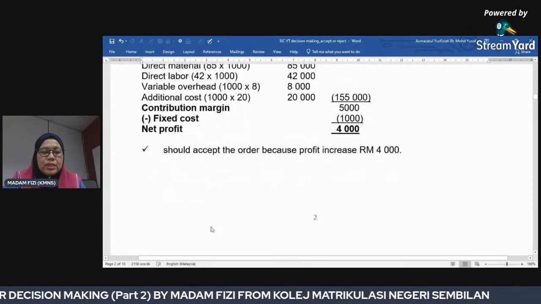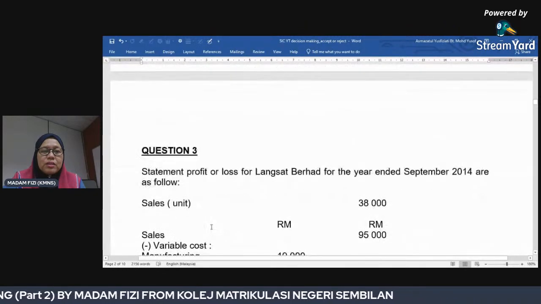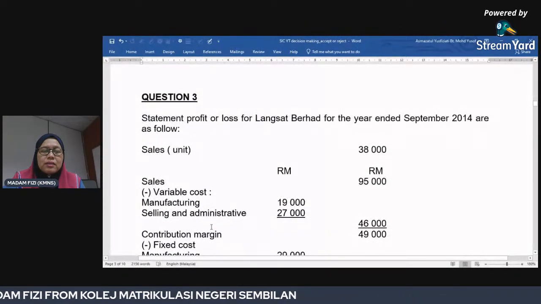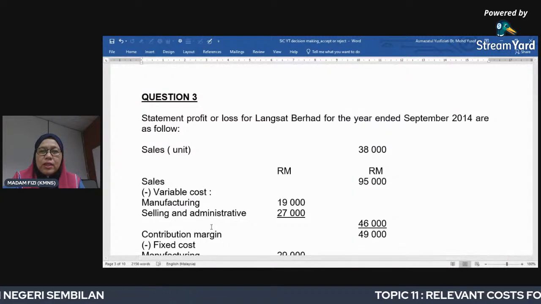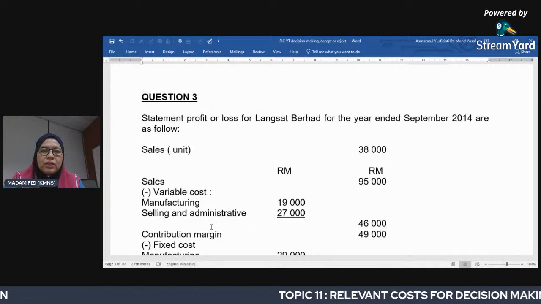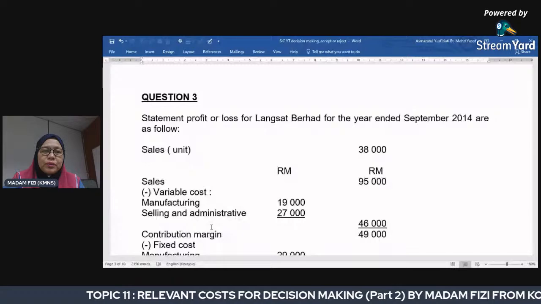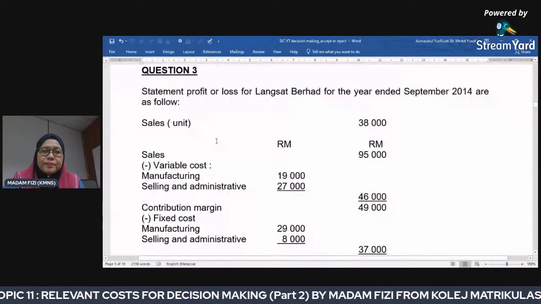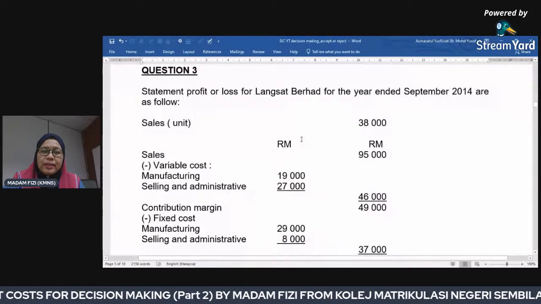Okay, now we move to question number 3. Statement profit or loss for Langsat Berhad for the year ended September 2014 are as follows. So in this question, it given you the sales. The sales unit is 38,000.